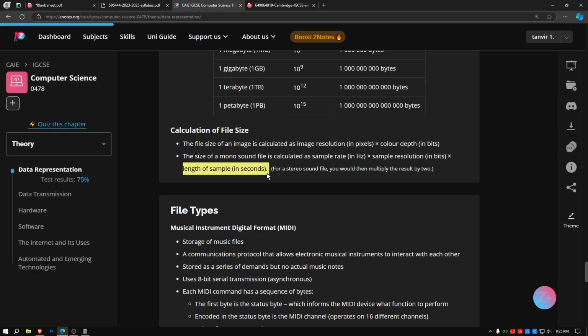But it is a still image, so you do not need to make multiple calculations. Here, this is a sound file, so you might think you need to make multiple calculations. But let's just say the sample rate and the sample resolution do not change. So you do not need to make multiple calculations. You just need to multiply by one extra number, which is the length of your sound clip or sound file. So this is the temporal aspect.